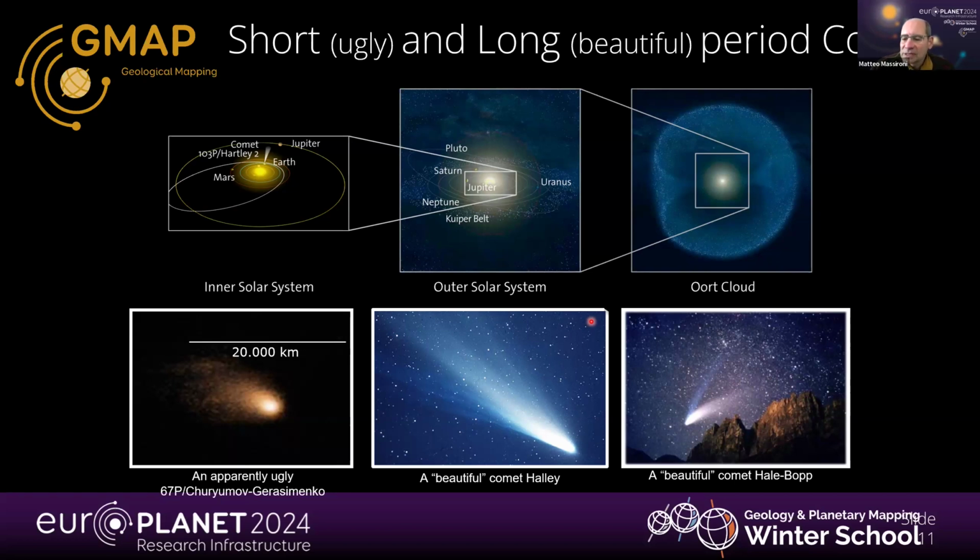And the Oort cloud is actually the limit of our solar system, the boundary of our solar system. And for these reasons, since they come from very far, they have a very eccentric, very elliptical orbit, which can even be sensibly inclined with respect to the orbital plane of all the other planetary bodies.